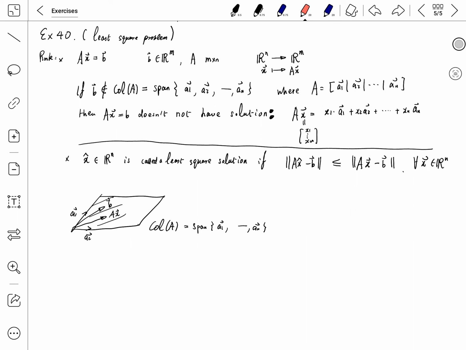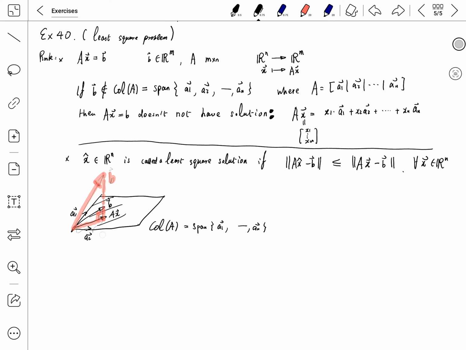If this is your b, and it's not in this vector space, then we talk about its projection. This is vector b, this is its projection.